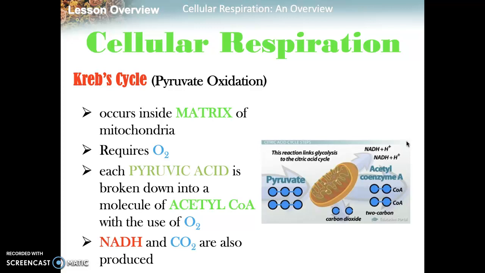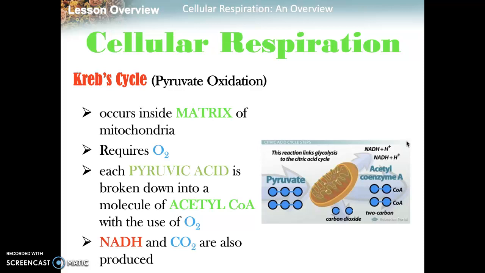What happens during this pyruvate oxidation, the pyruvic acid is broken down into a molecule of acetyl-CoA, and that is where we need the oxygen. The oxygen is necessary for this oxidation, hence the name oxidation.